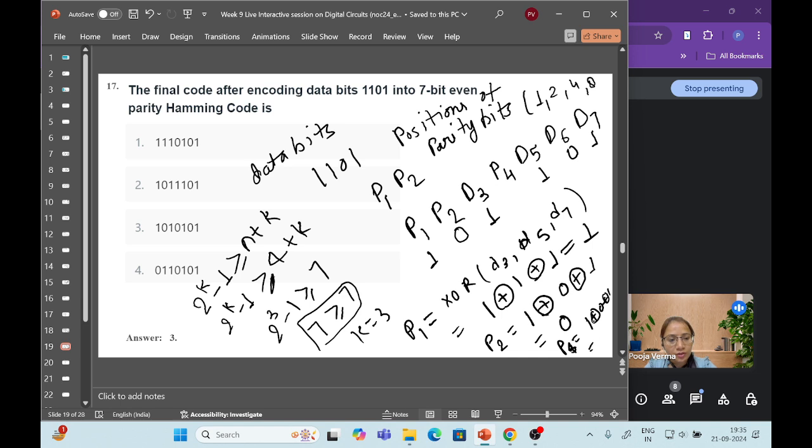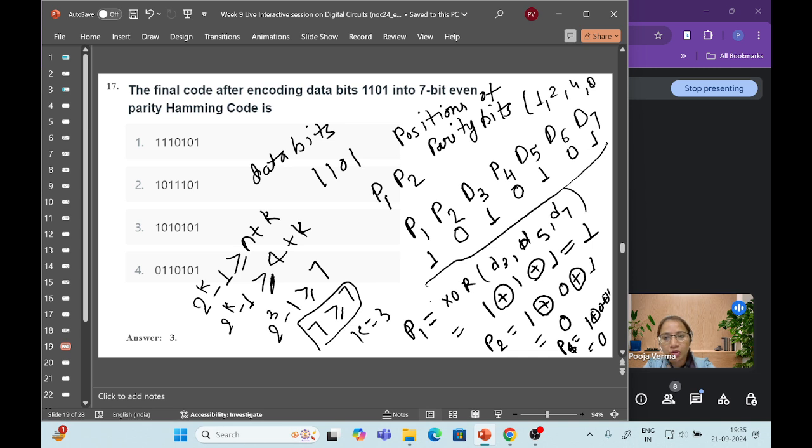The number of ones is even, so it will be 0. So these are the 7-bit even parity Hamming code. The number of ones is even here, so this is a 7-bit even parity Hamming code: 1 0 1 0 1 0 1.